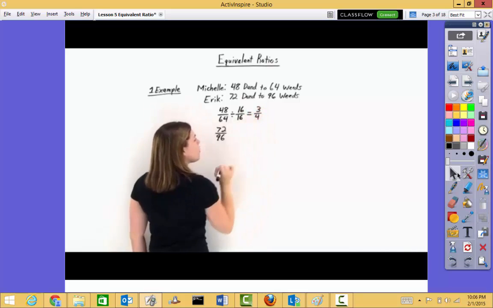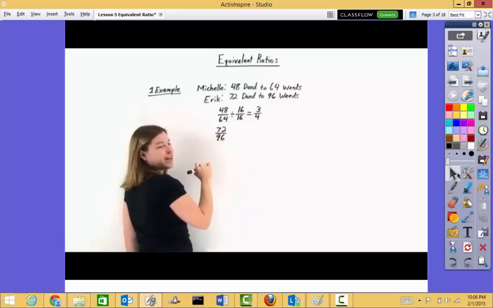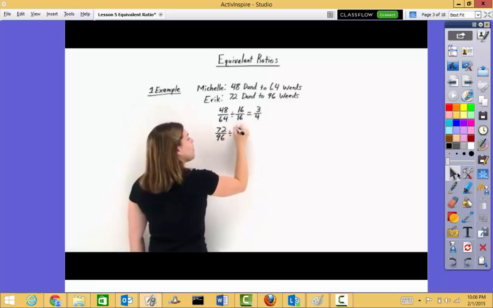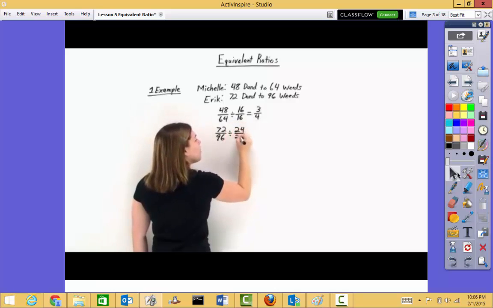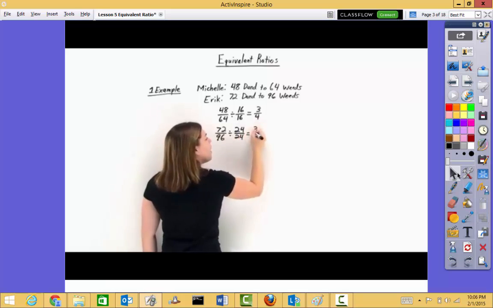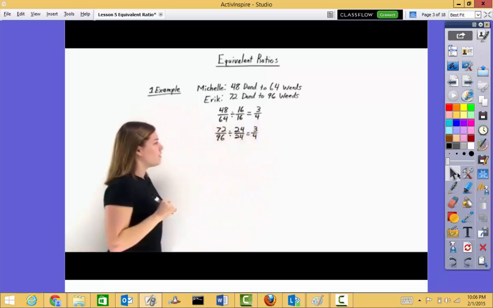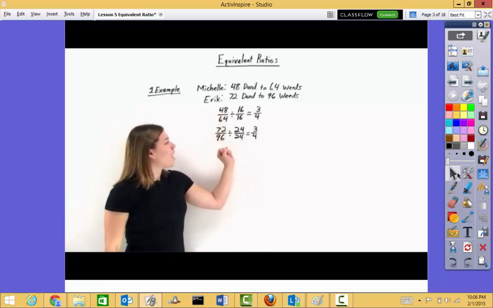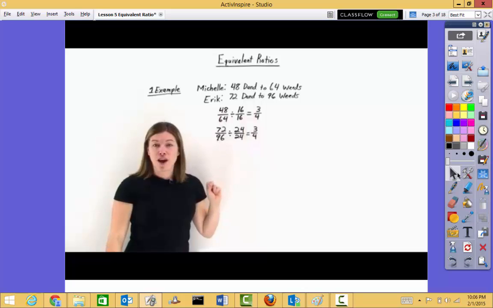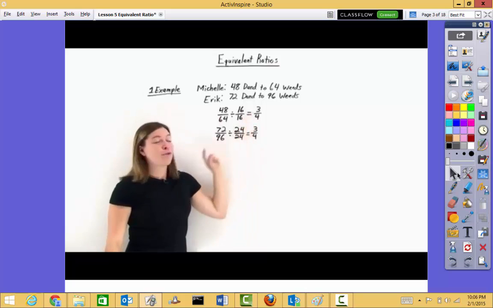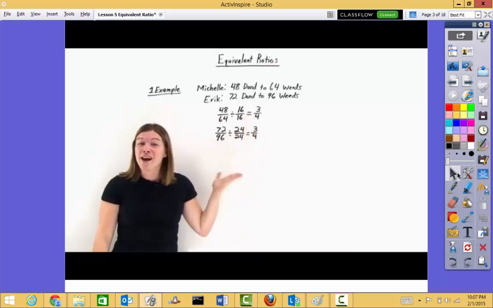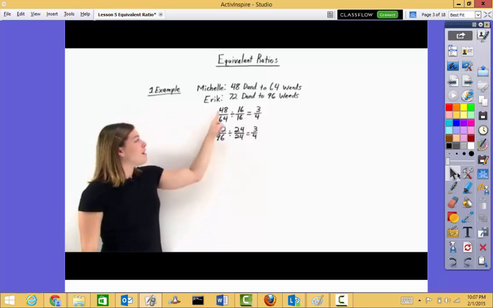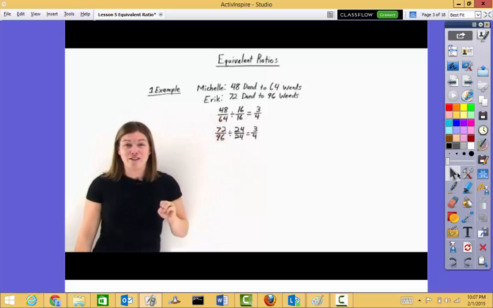And we get the fraction 3/4. Now we take a look here. Here we can divide by 24 over 24 in order to reduce it. And we get the fraction 3/4. Now look! When we reduced each of these fractions, we got 3/4 in both cases. 3/4 and 3/4 are definitely the same. They have the same value. That means that these two fractions also have the same value.